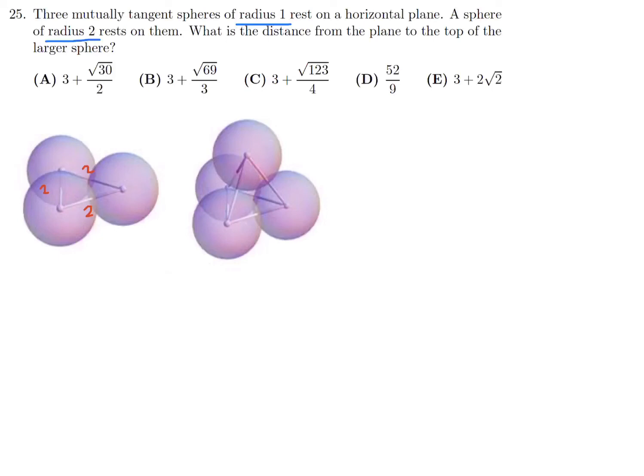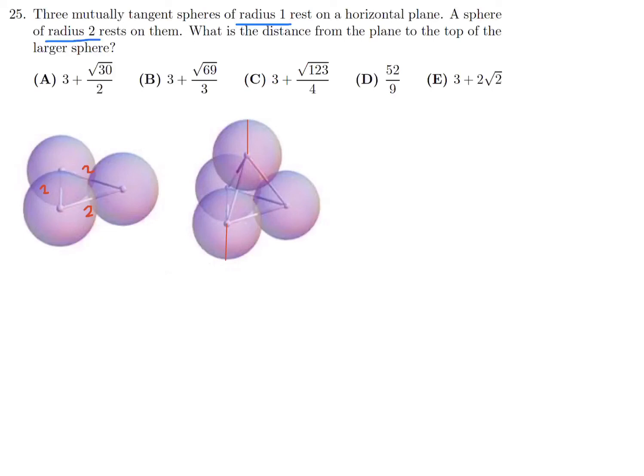Now what you do is draw a diagram like this, which represents the sphere that's placed on top. They want you to figure out the distance from the top all the way down to the bottom. Well, how do you do that? You split it up into 3 segments. The first segment is from the middle of the top sphere to the very top. The next is from the middle of one of the bottom spheres to the bottom.